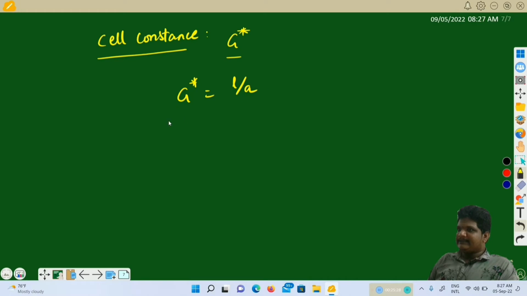The unit of length is centimeter and the area of cross section is centimeter square, so we get centimeter inverse. So this cell constant has units of centimeter inverse.